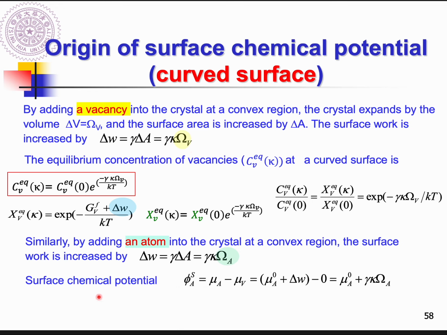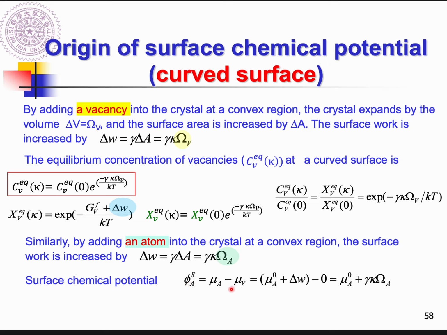Okay, so when you try to write down the surface chemical potential, based on the network constraint, if you only have two components, one is atoms and the other is vacancy, and NC can be equal to vacancy.